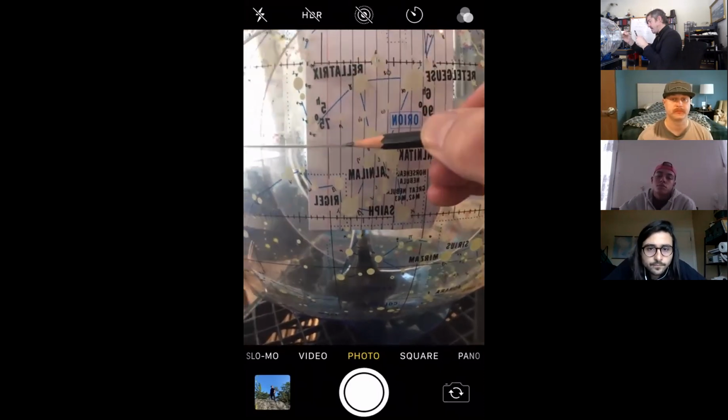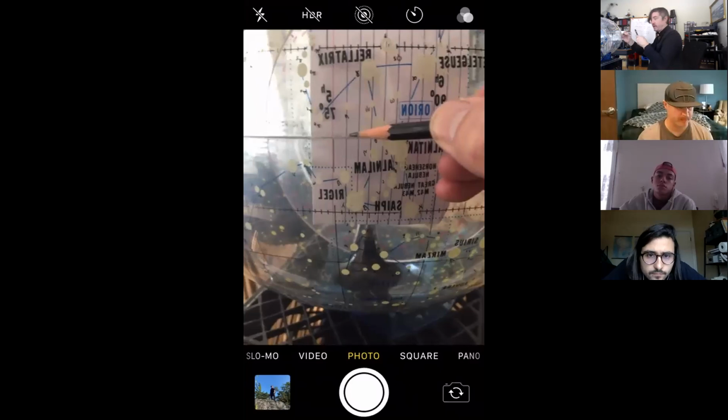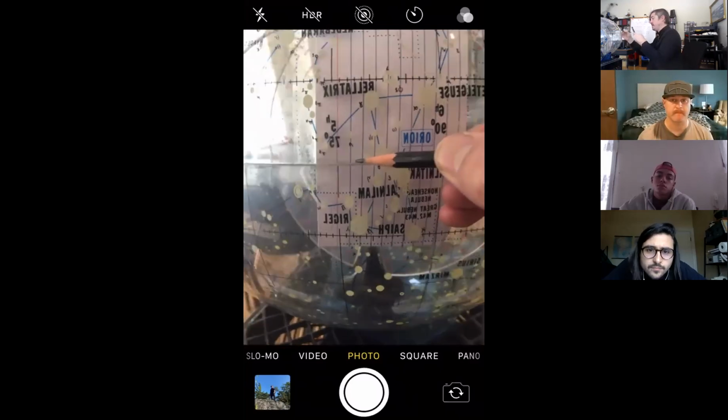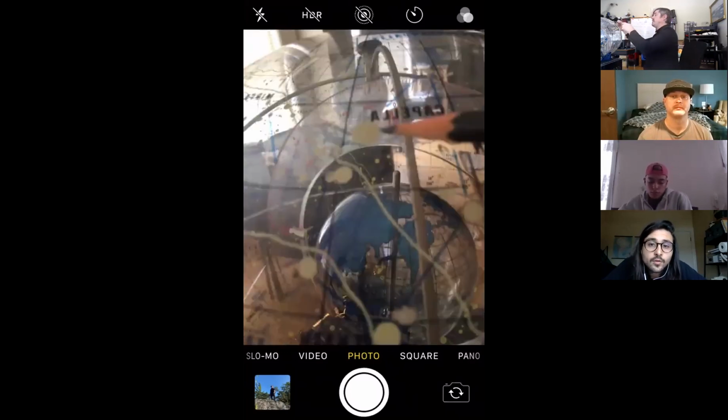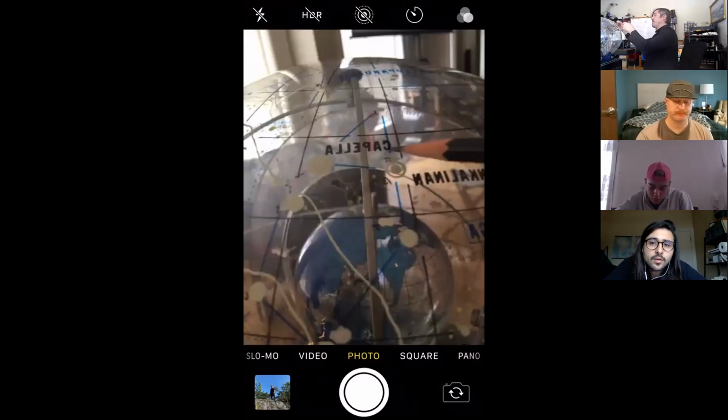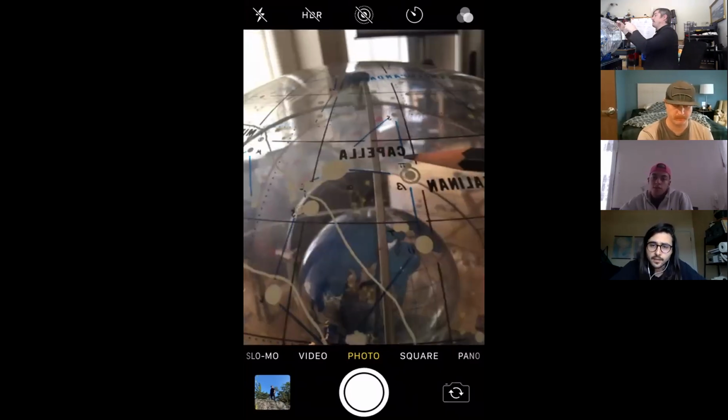So pretty close to that between these two lines. We got to go up positive 46, positive 10, 20, 30, 46. What's my star? Capella.